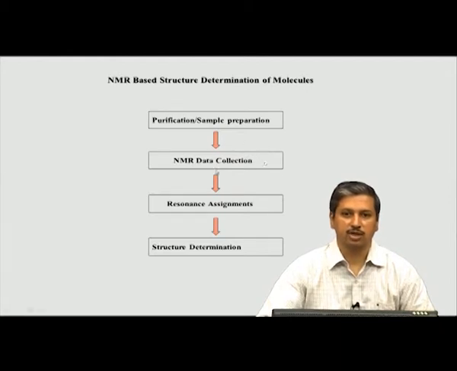So, you put the sample in the magnet, and then we record a series of NMR data. This is typically 1D NMR, 2D NMR, and in the case of biomolecules like proteins, 3D NMR, but we will restrict in this course only to 1D and 2D.